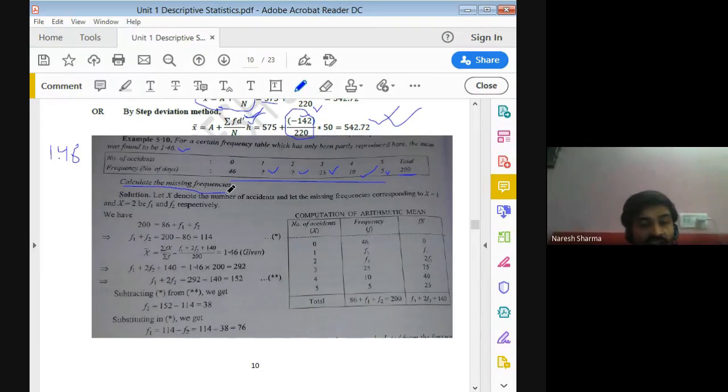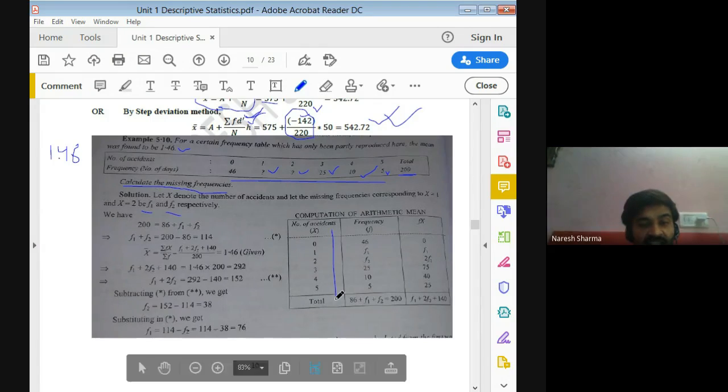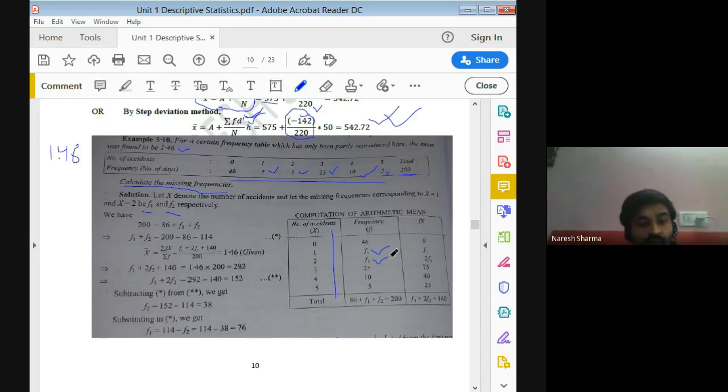So first of all, we can just assume these values as F1 and F2 and write the table vertically. We write just here F1 in front of 1 and F2 in front of 2.